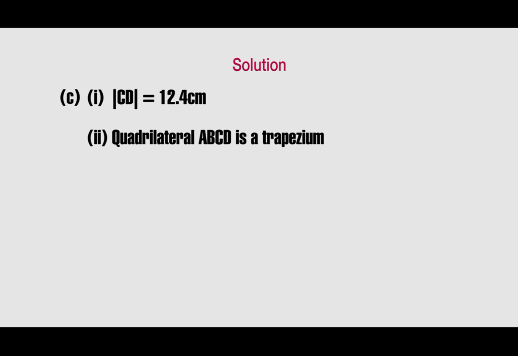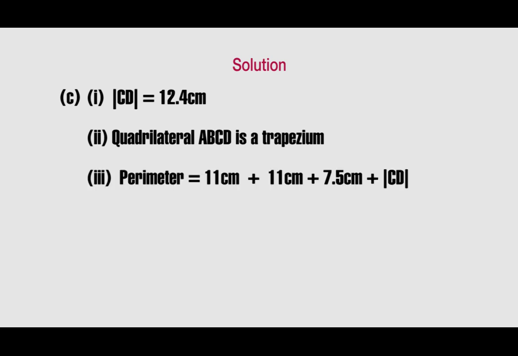The perimeter is when we add all the sides, when we take the sum of the sides. So the perimeter is equal to 11 centimeters plus 11 centimeters plus 7.5 centimeters plus the length CD, which we have to measure from our construction.